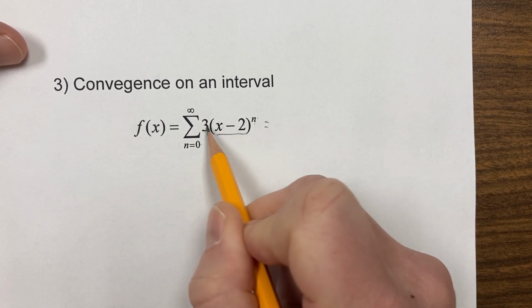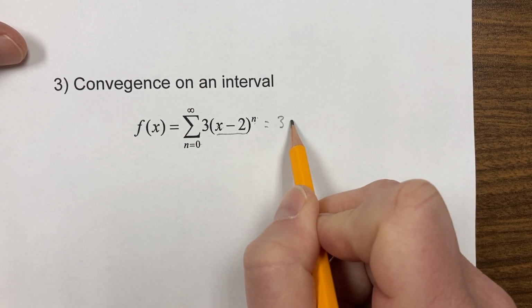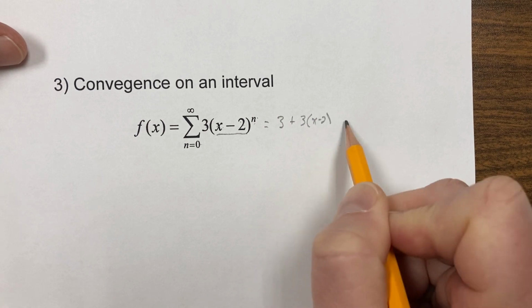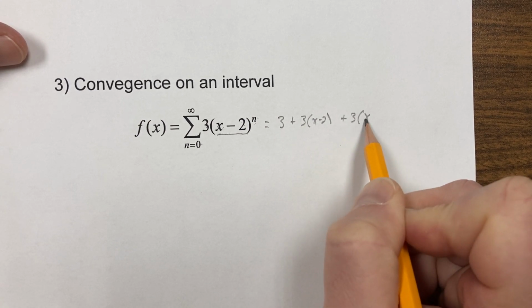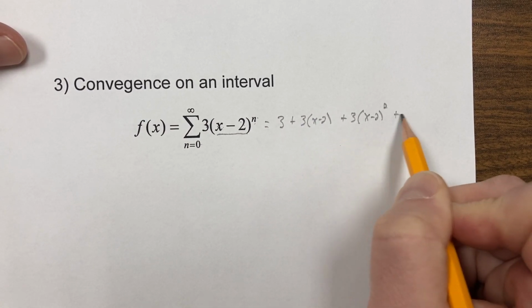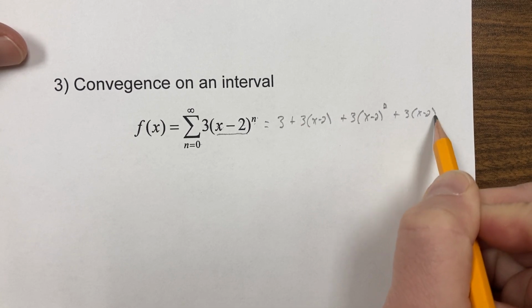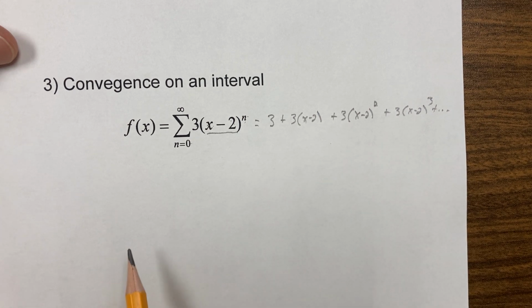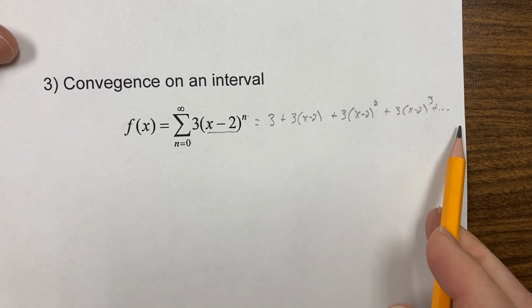This would be 3 times 1, so 3, plus, then we would multiply 3 by x minus 2, then multiply that by x minus 2 again, and then by x minus 2 again, and we would do that forever and ever. That's what that series actually looks like. That's what f of x is, right?